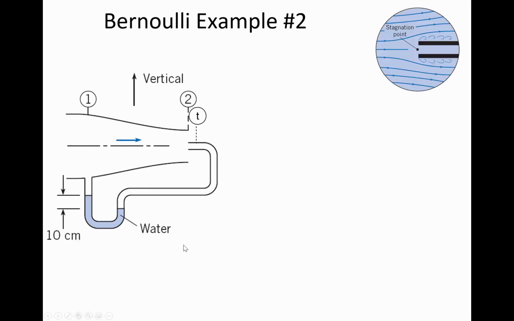Now, here's an example where we're going to use that idea of continuity in order to look at what's happening with the velocities. This is a combination problem because we have both a converging section, so this is a nozzle where the diameter is decreasing, and we're also connecting a manometer to the nozzle. The purpose of the manometer is to quantify a pressure difference.